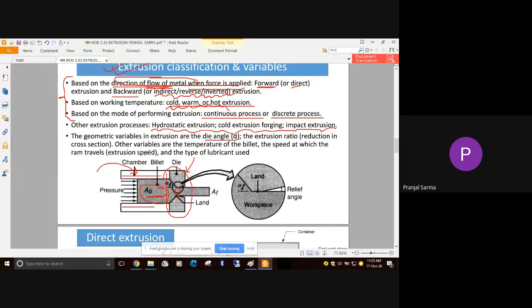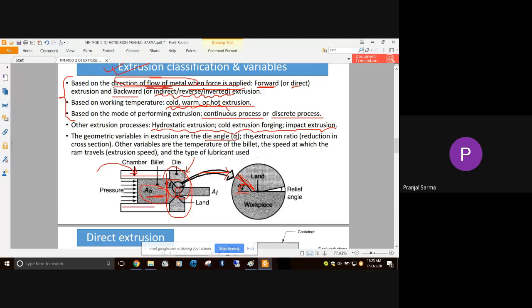Now, what is this extrusion angle? This particular portion has been shown in an exaggerated manner in this figure. So the first important geometrical variable is the die angle. Die angle is this particular angle.